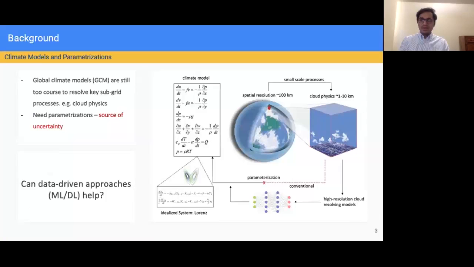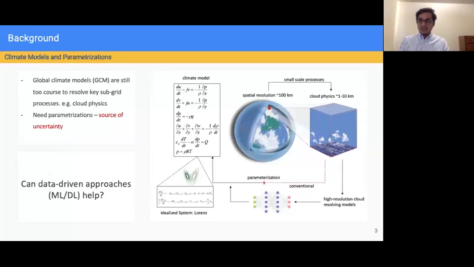Climate models use coupled equations rooted in the laws of physics to simulate the interactions that drive Earth's climate. However, given the complexity of the climate system, not all processes can be explicitly resolved. Example, cloud convection. Either because the underlying physics is unknown or they occur at scales smaller than the model grid size.